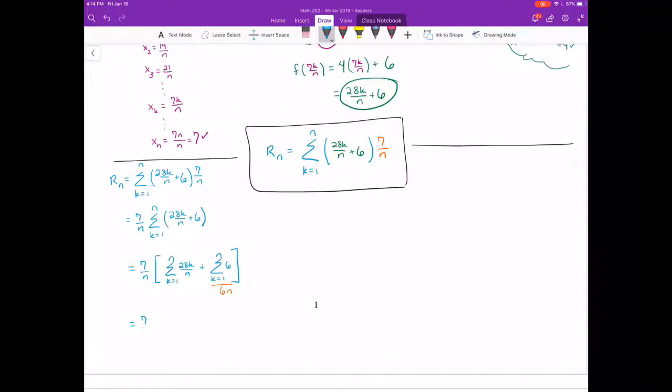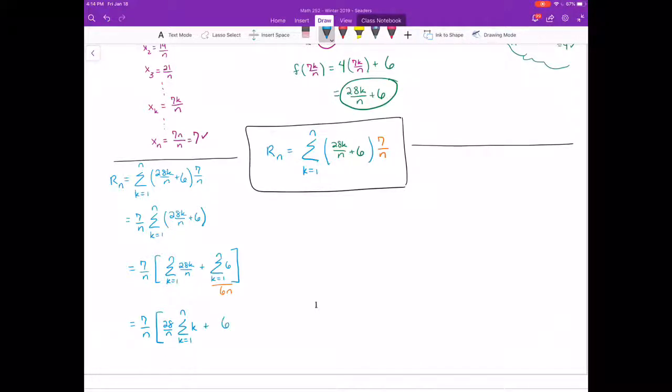So if I simplify this, I'm going to go ahead and factor out a 28 over n out of my other sum as I go. And then when I add up 6, k going from 1 to n, I get 6n.